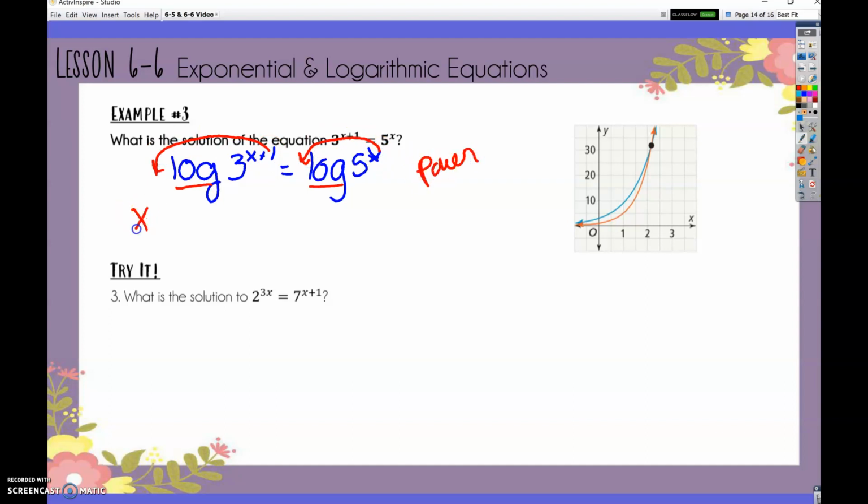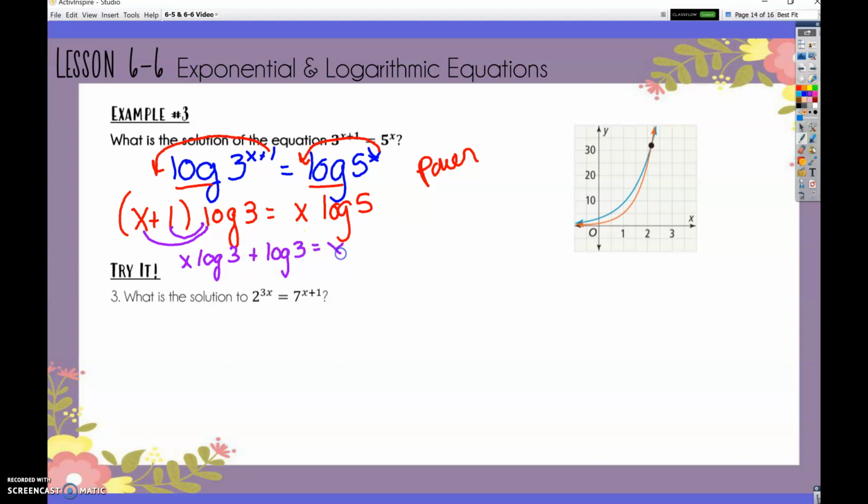So I'd have x plus 1 out here, and I'd have log 3, and I'd have x and log 5. Now I'm going to get the logs on the same side here that have x's, but first I need to multiply this through here. So I'd have x log 3 plus log 3, because 1 times log 3 is just log 3, equals x log 5.